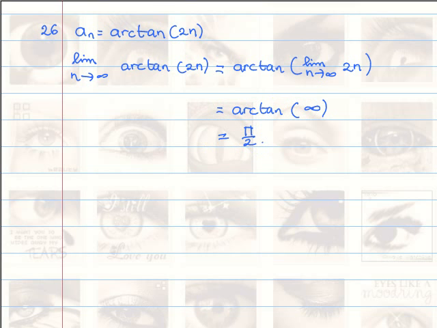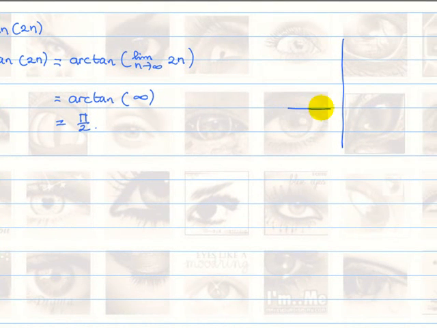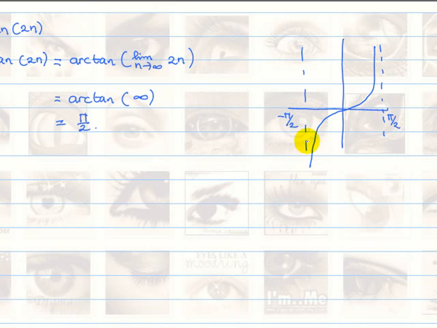because we know that the graph of the tangent, so here is negative pi over 2 to pi over 2, and the graph of the tangent is something like that, and the arctangent is defined on this interval from negative pi over 2 to pi over 2.